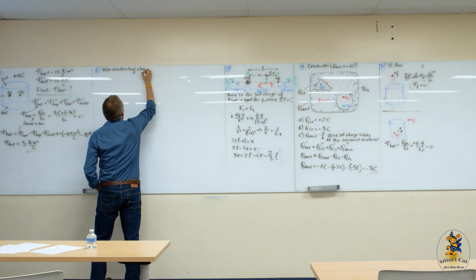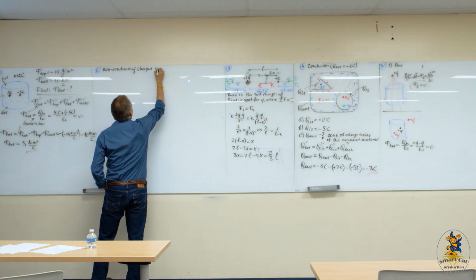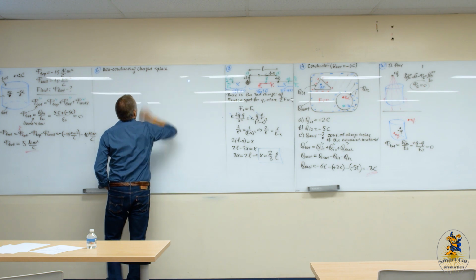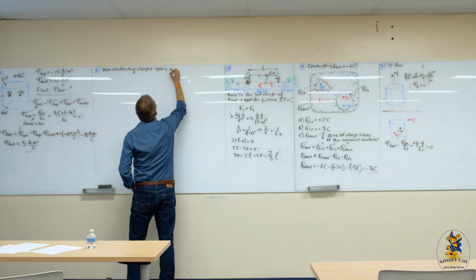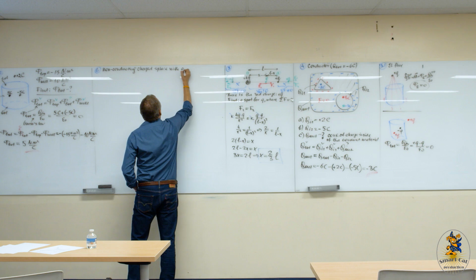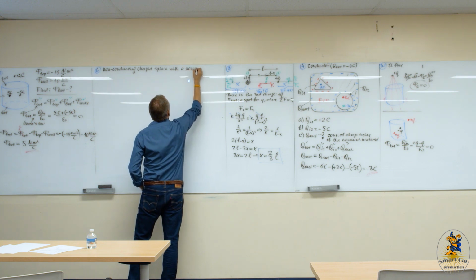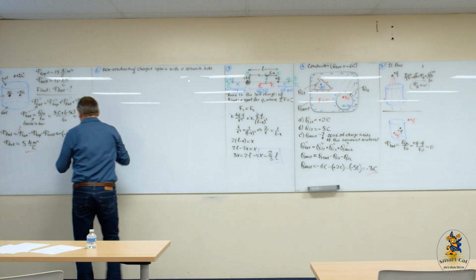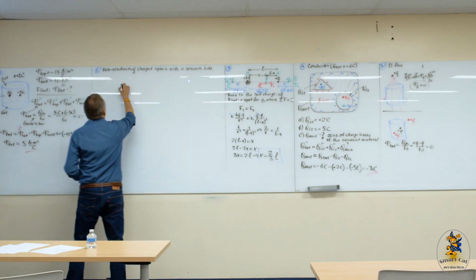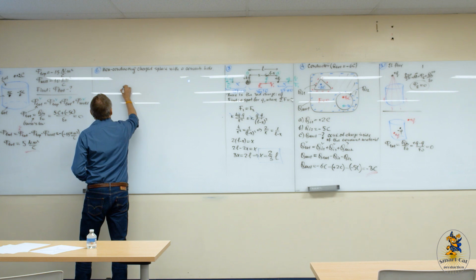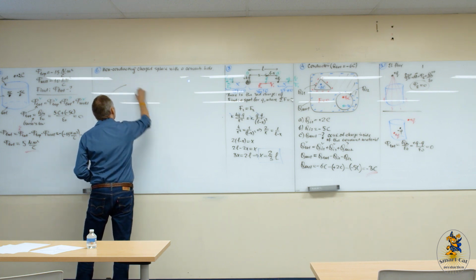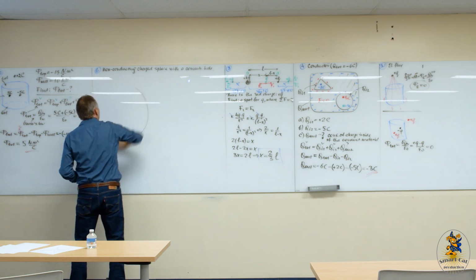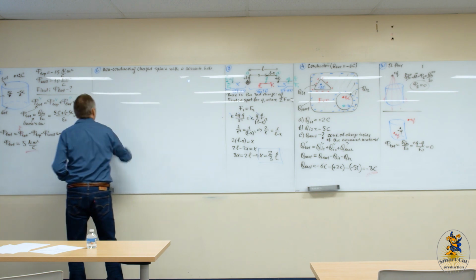Non-conducting charged sphere, change marker soon, with a concentric hole. Okay, let me draw. It's enough. No, I can do better. Even for Friday evening, I can do better than this.